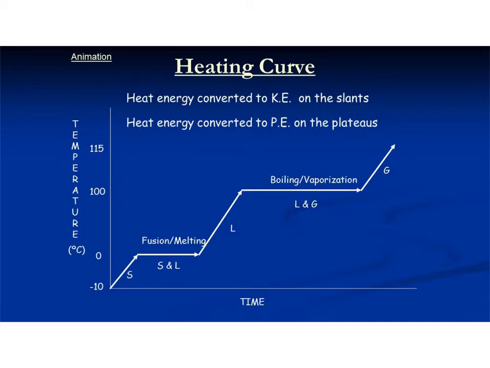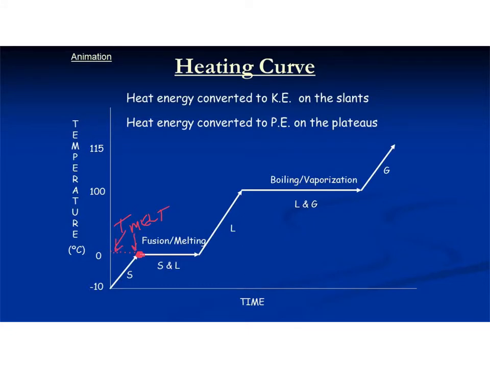A couple of points to look at here. The first is our melting point, right here. You can look back and that's the temperature of melting, and since this is water, it's 0 degrees C. So this is T melt, our melting point.